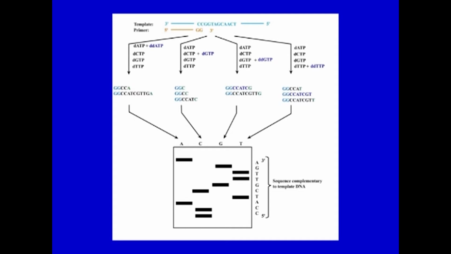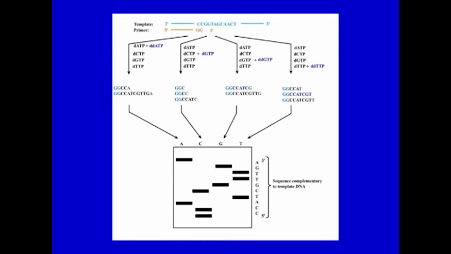So, if you run these fragments, you will get different sized terminated fragments, and as you read from bottom to top, you can make out this particular sequence, which is CCGGCCATC from 5 prime to 3 prime.